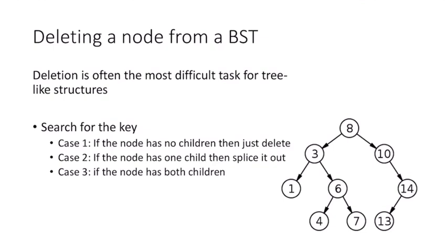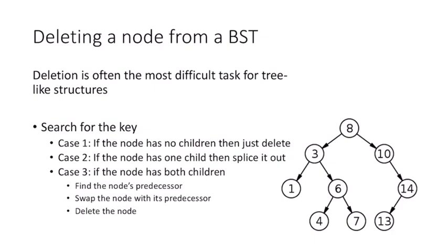Case 3 is a bit more complicated. If the node has both children, how do I delete the 6, the 3, or the 8, for example? How do I delete those nodes? Well, I can find the node's predecessor, and then swap the node with the predecessor, and then delete the node. So, for example, what's the predecessor of 6? We know that the predecessor is going to be the maximum of the left subtree, so that's going to be the 4.